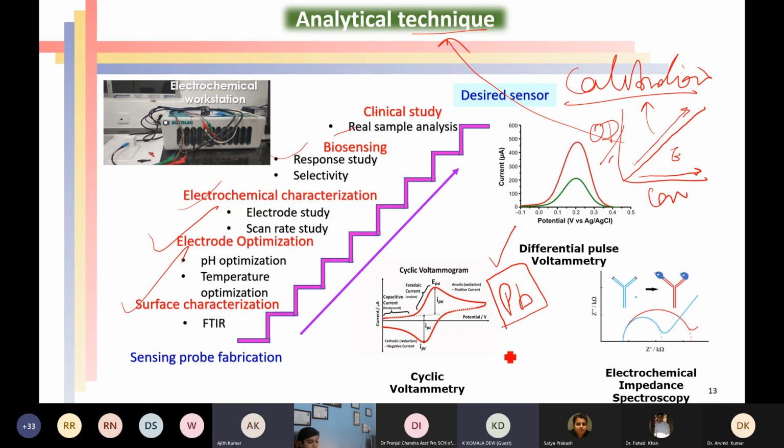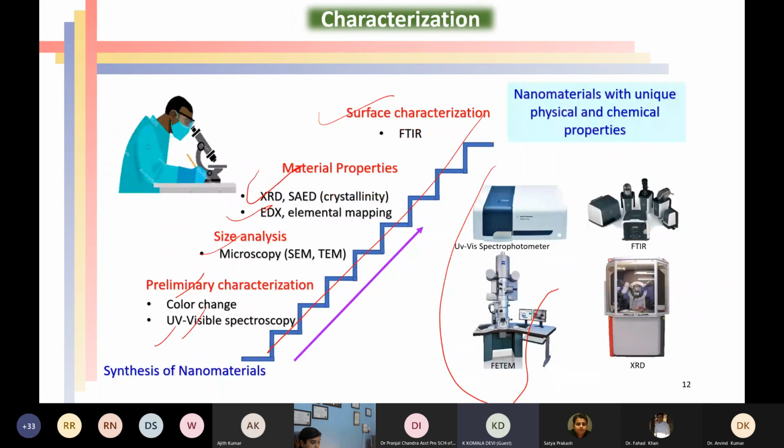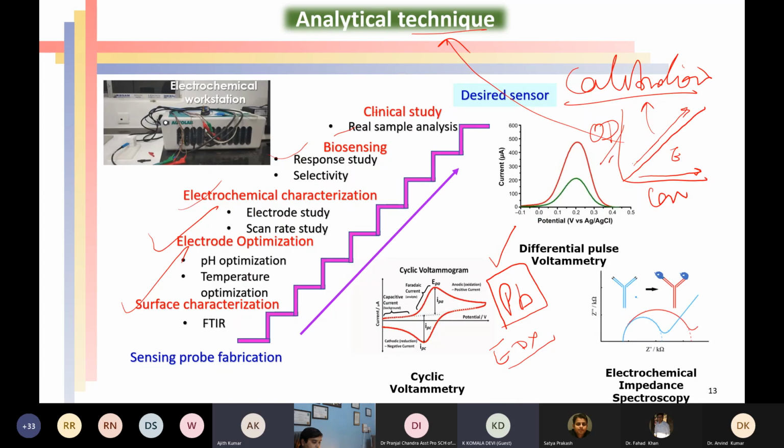Or if you are doing EDX, then you will get the impurity. These techniques, XRD, EDX, mapping, X-ray effect, will tell you. The purity of the material can be confirmed by these techniques. Okay, sir. Thank you. All right.